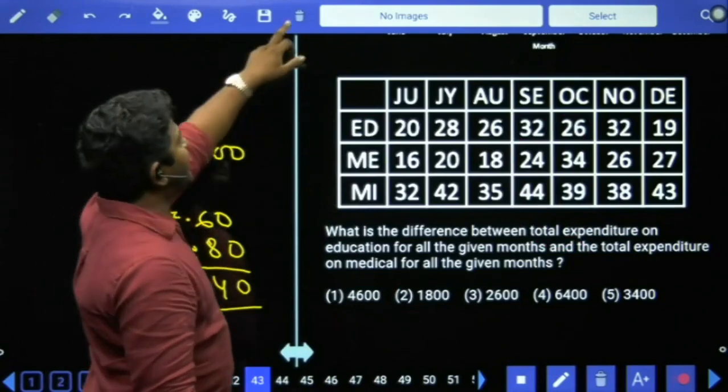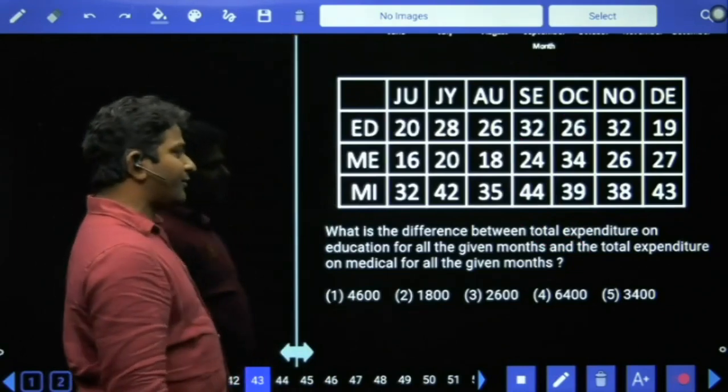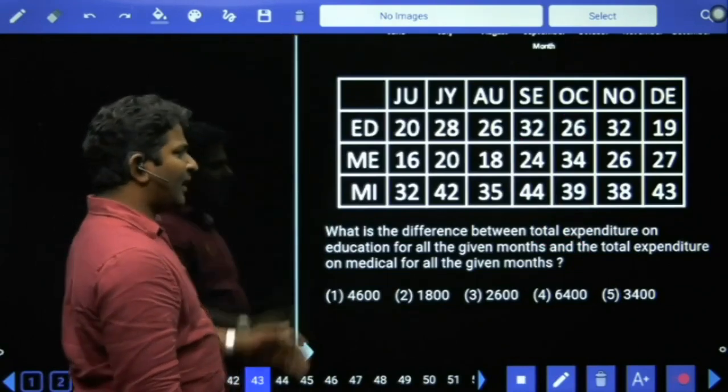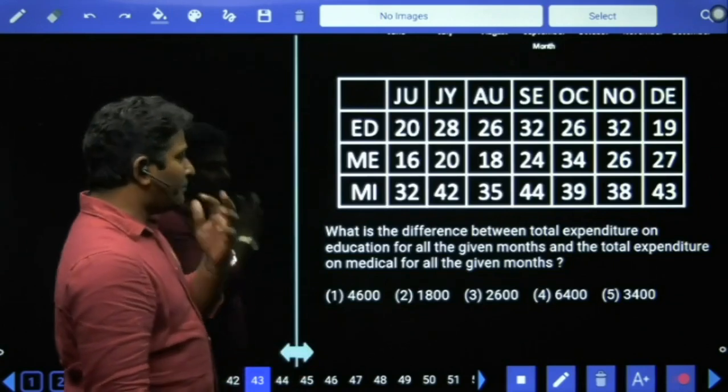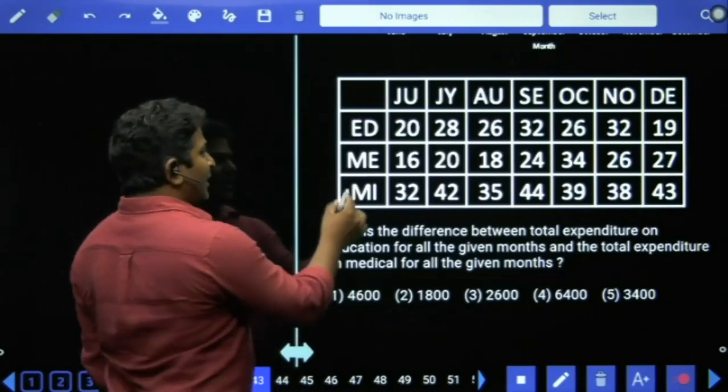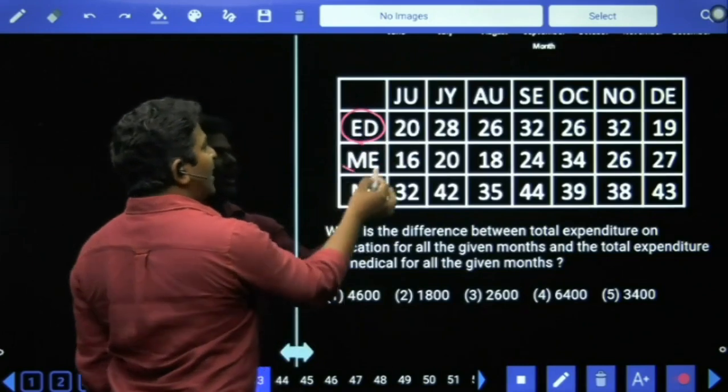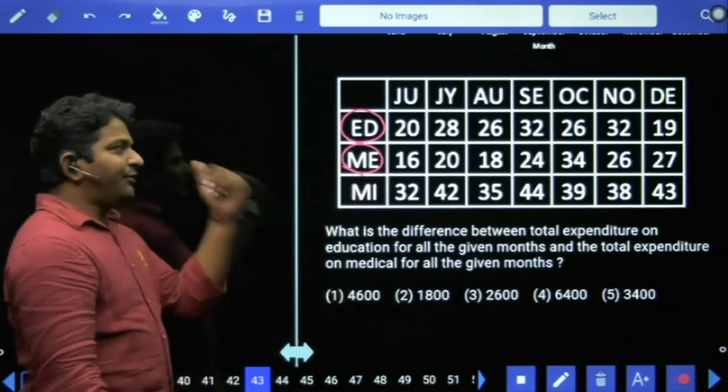What is the difference between total expenditure on education for all the given months and total expenditure on medical for all the given months? Education and medical, total difference.